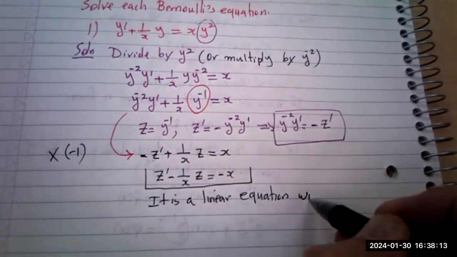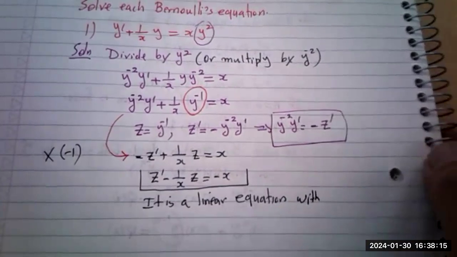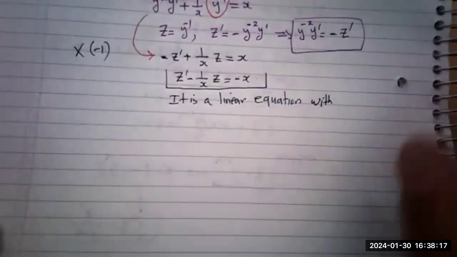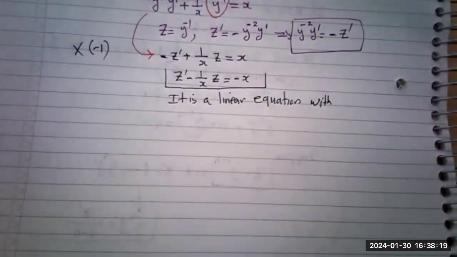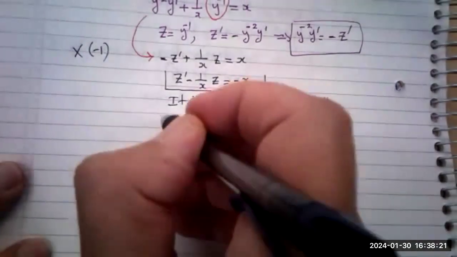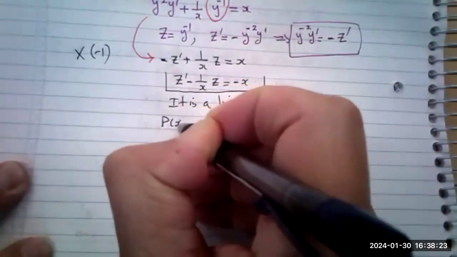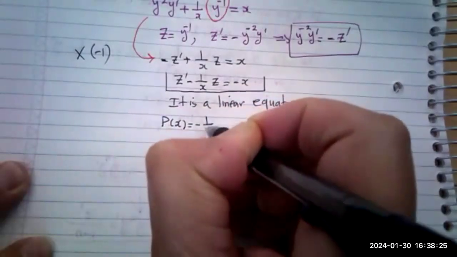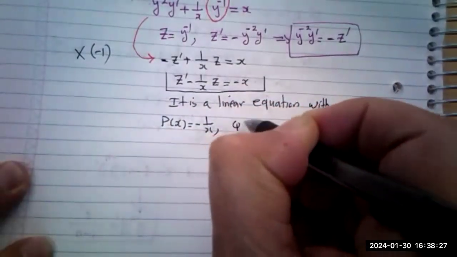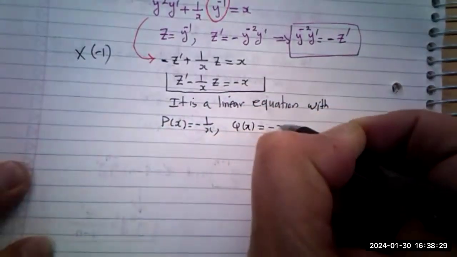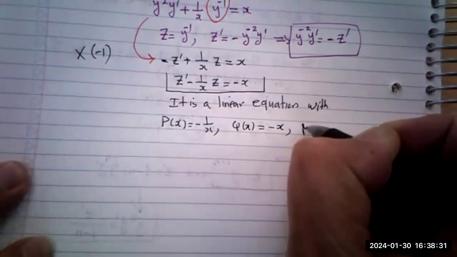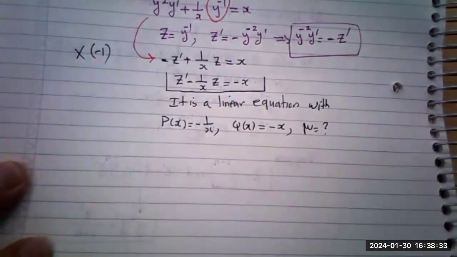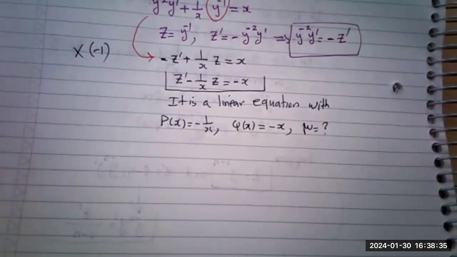Now go to the mode of solving the linear equation. It's going to be a linear equation with p of x equal to negative 1 over x, and q of x equal to negative x. So you have to find the mu first. So you work on the formula.